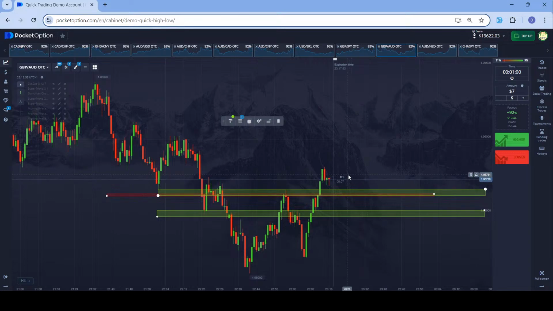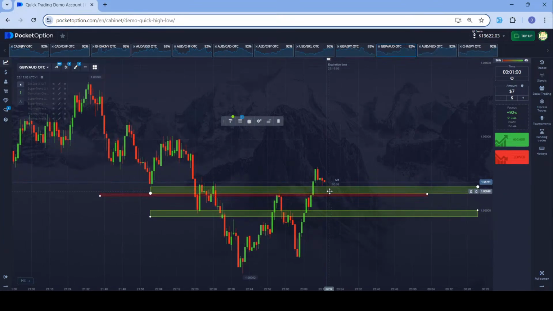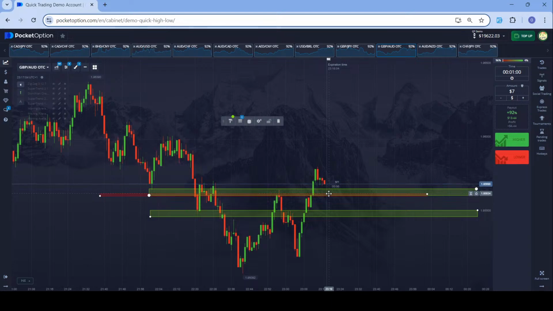It's just rejecting from this part. That means we are not going to take the trade. Since we are waiting for it to come down and it's not coming, I think we need to leave the market. Let's find another asset to trade with.